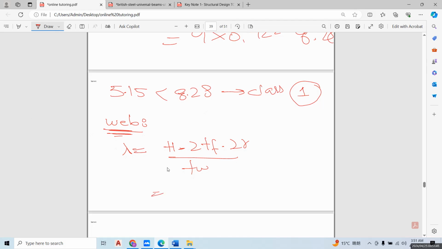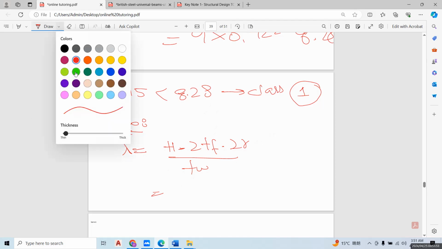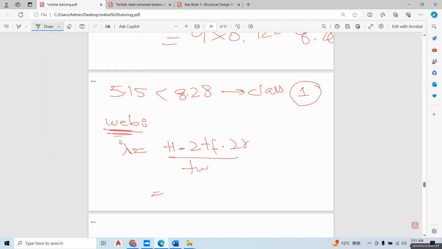Brother, can you just think for a minute and tell me the derivation of this formula? Where does this formula come from?